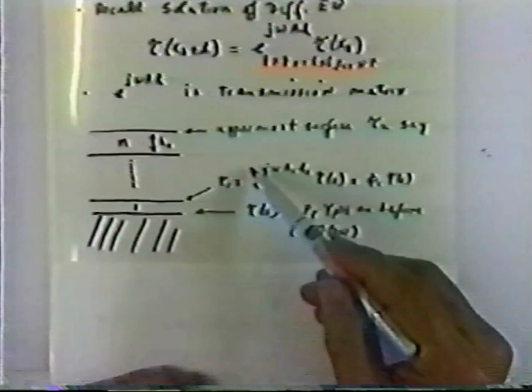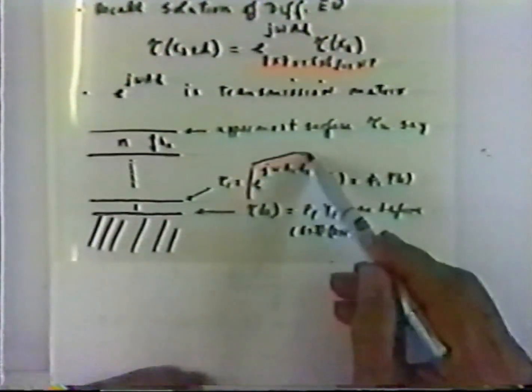Well, if this is tau 0, and I know what this material is, let's say it's material number 1, then the value of the vector at the upper surface differs from the one at the lower surface through this exponential matrix, which I will put a box around.